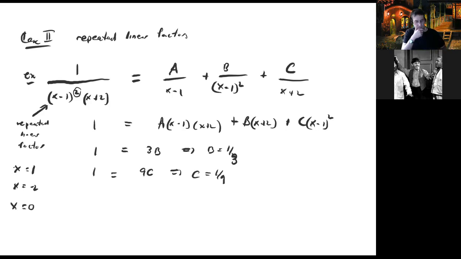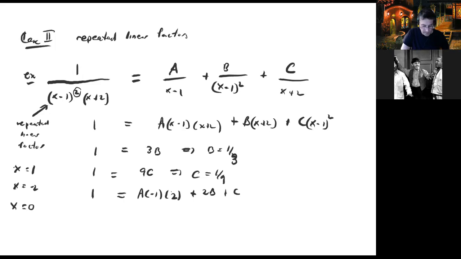Okay, and now we have to stick in the third value of x. When x equals 0, you get 1 equals, okay, so what do you get? You're going to get a times minus 1 times 2, and then b times x plus 2, so 2b, and then c times 1, which is plus c.